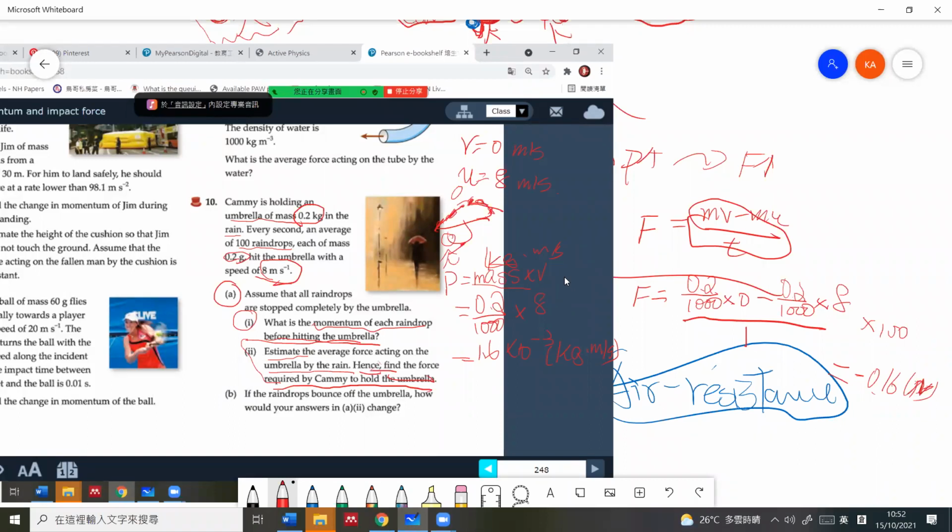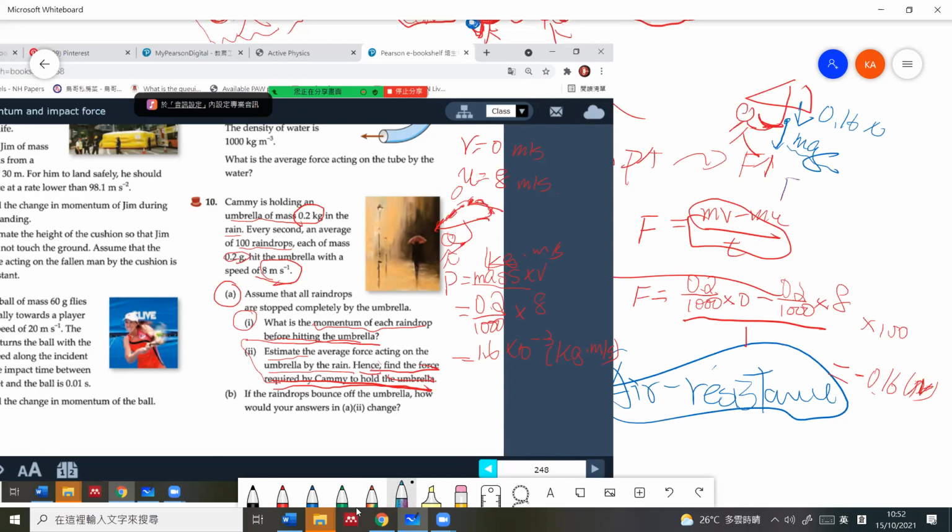And then, find the force required for Cammy to hold the umbrella. Cammy needs to provide the force to change the momentum of the ring, which requires 0.16 Newton, and then mg to hold the umbrella.